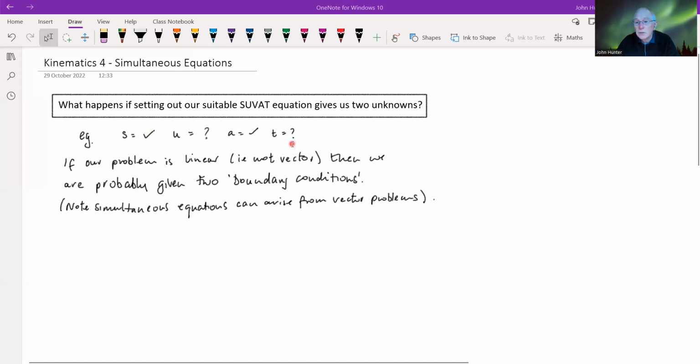This is all incidentally to do with linear motion at this stage, which is what we've been dealing with in Suvat equations. So how do we proceed from there?